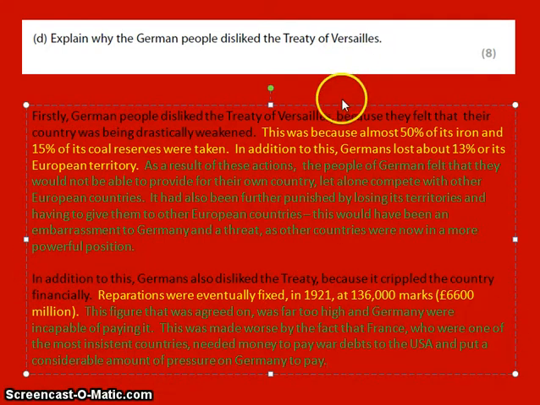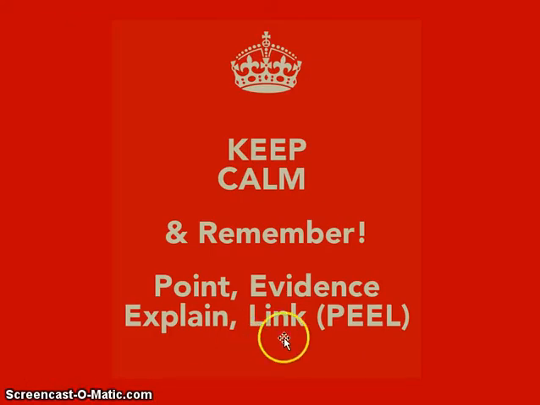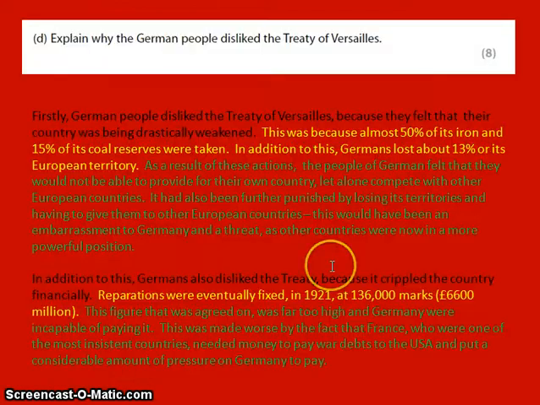Now, so far we've got 2 points with evidence and explanation. If we have a quick look back here, we know that we now have to link, especially if we want 8 out of 8. So it's about trying to think of how this action, so the taking of its iron and its coal reserves, can be linked to Germany feeling financially crippled.